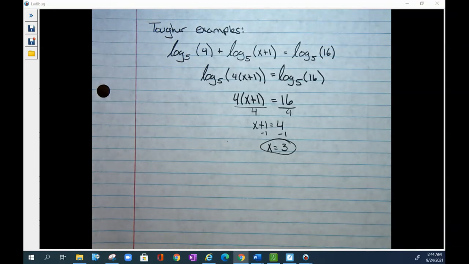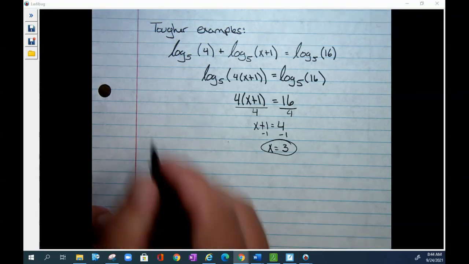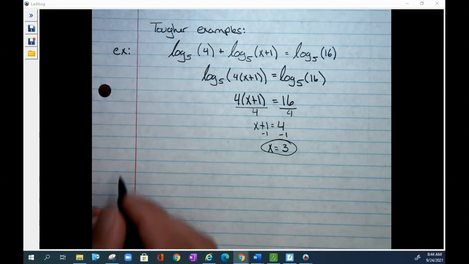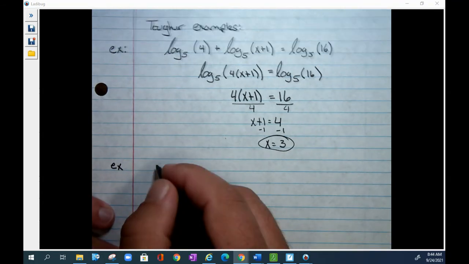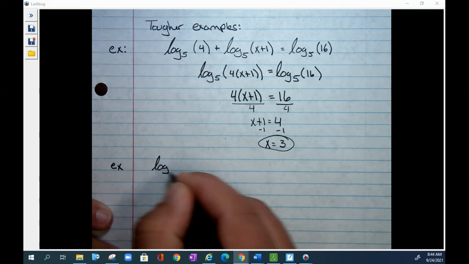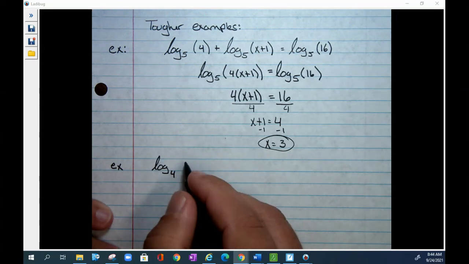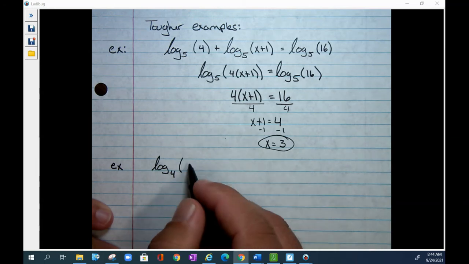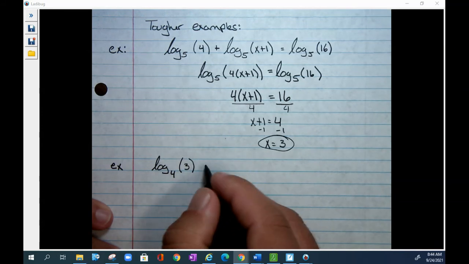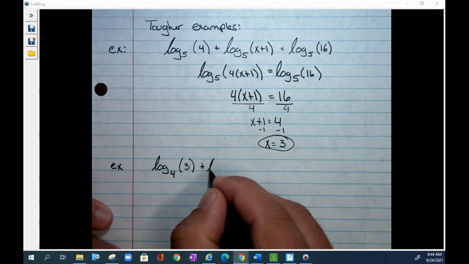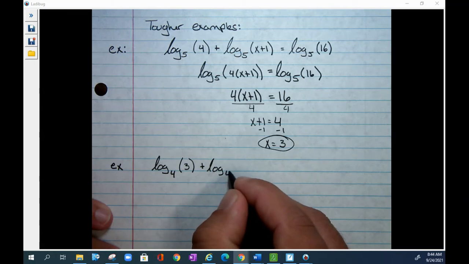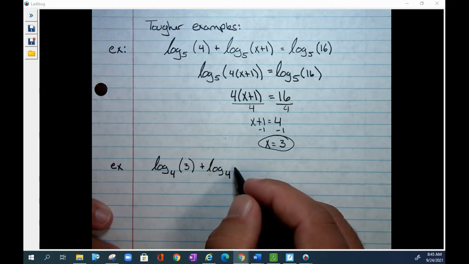So let's look at something a little bit different. So what if I have something like this? I just made that harder than I wanted it to be.